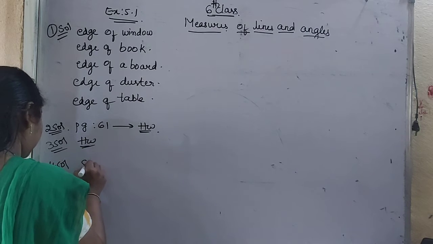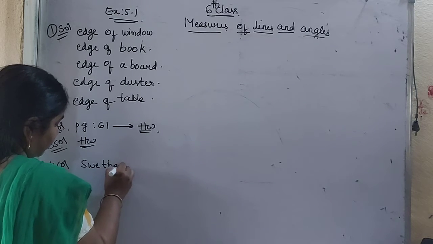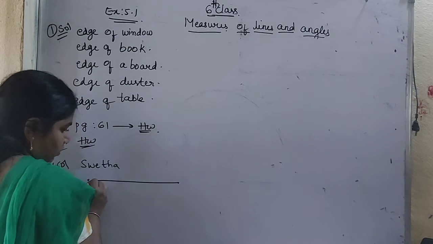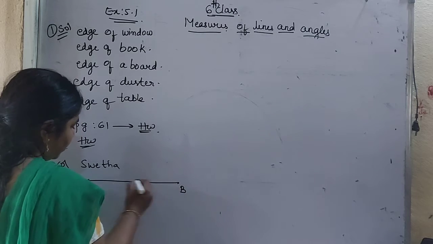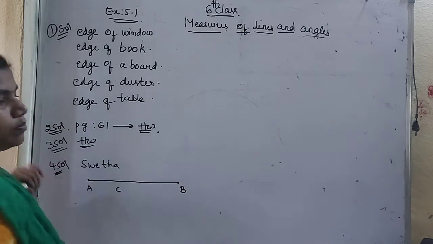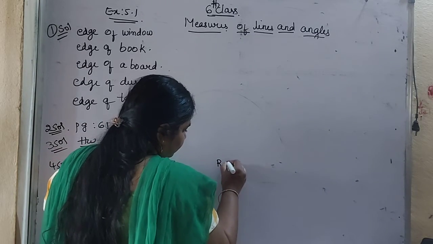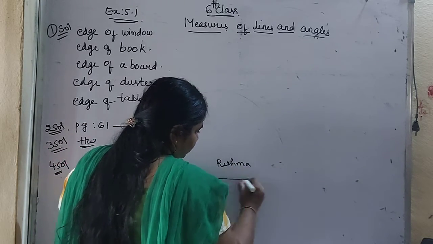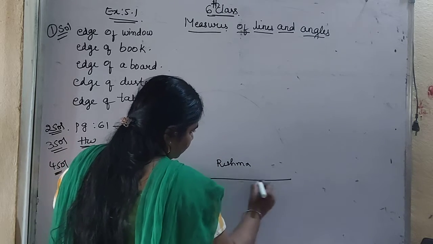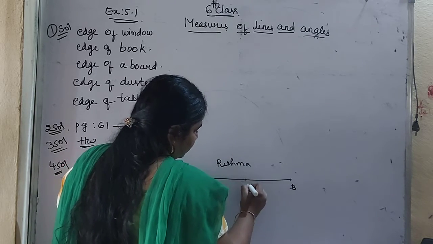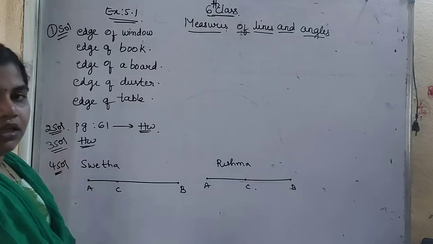This is fourth solution. So this is A, B, and here she has marked the midpoint. And Reshma has located like this. Reshma has located in this order.